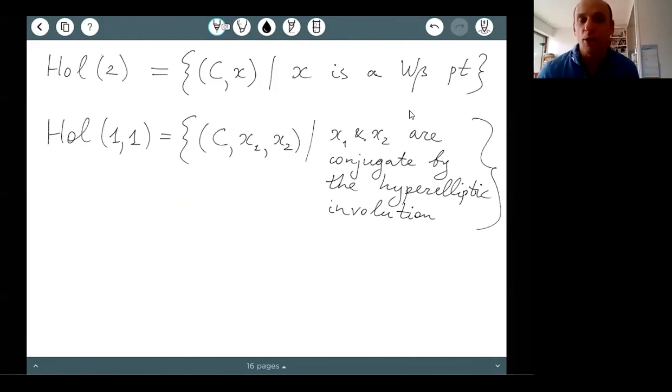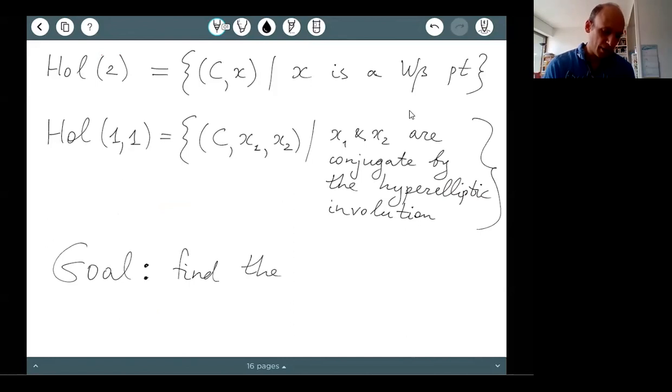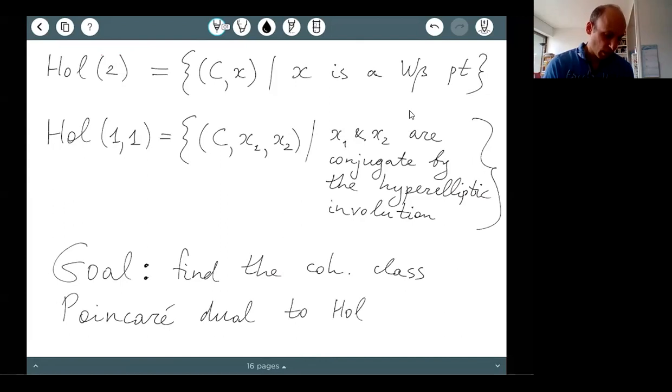So these are our 2 holomorphic loci, and our goal will be to find the cohomology class Poincaré dual to the holomorphic locus.